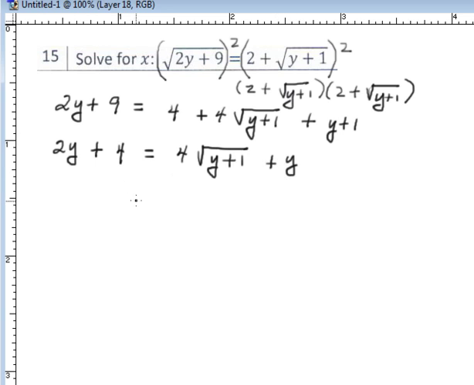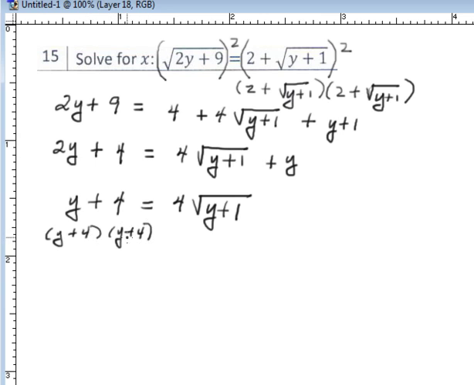Now subtract y from both sides. Okay, we want to isolate this radical. So minus y gives us a y here, or y plus 4 is equal to 4 times the square root of y plus 1. Now we're ready to square both sides. Okay, so on the left side, this is y plus 4 times y plus 4. That's what we're doing here.